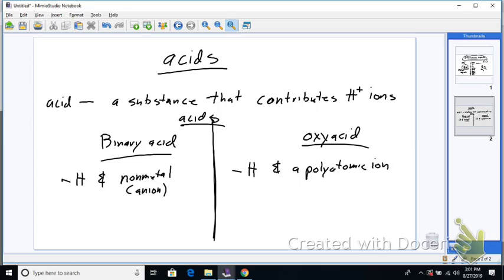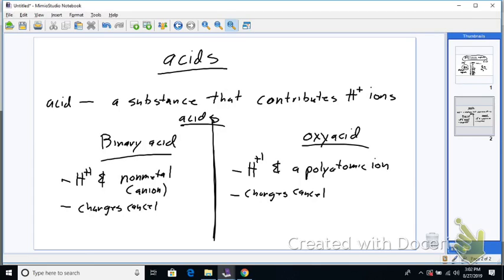And so charges cancel out on all these. So charges cancel on these, as well as on this side. So you're still going to have to balance your charges. The nice thing about balancing charges is the only thing that increases in number is your hydrogen.